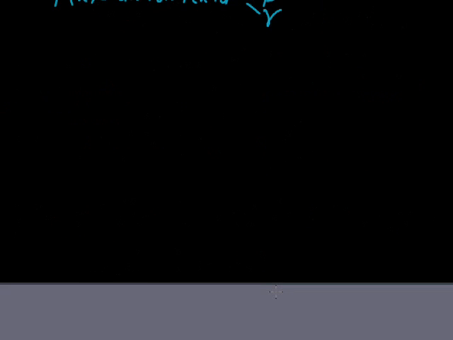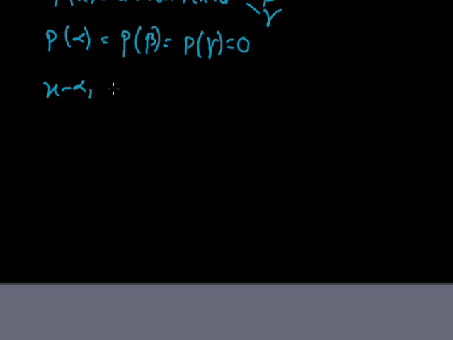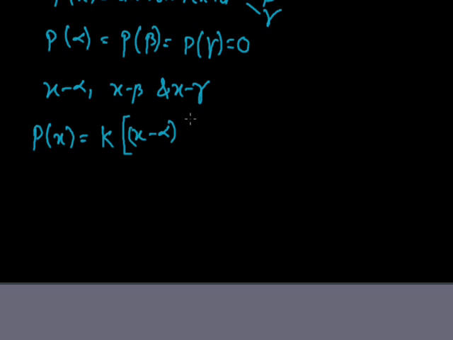As they are the zeros of the given polynomial, p of alpha, p of beta and p of gamma all will be equal to 0, or we may say that x minus alpha, x minus beta and x minus gamma are the factors of the given cubic polynomial, so we may write p of x is equal to k times x minus alpha, x minus beta, x minus gamma.